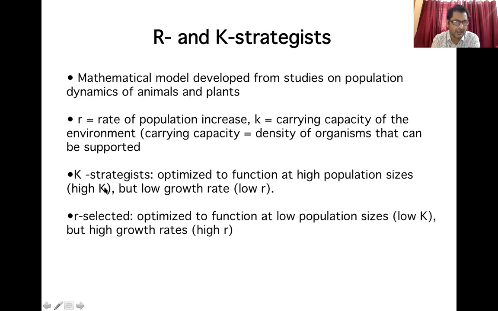Means high K and low growth rate. And R selected are optimized to function at low population sizes, low K, but high growth rates.